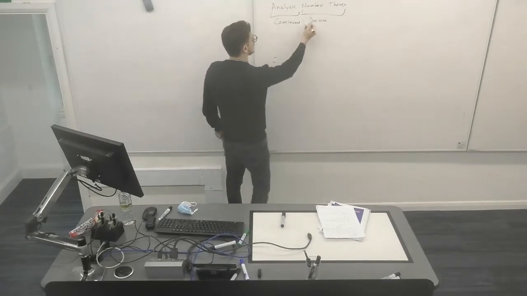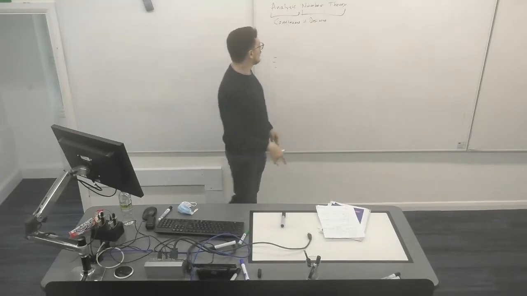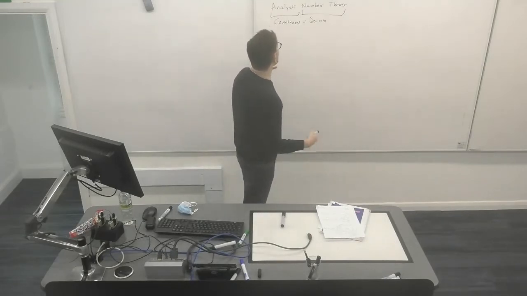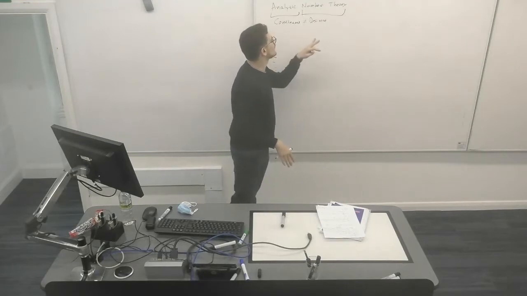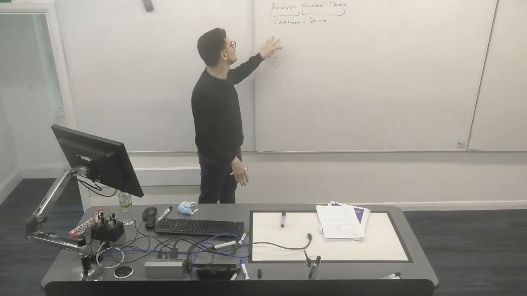Those things are supposed to be polar opposites. What I'm going to try to explain is that if you view number theory in the right way, it makes total sense to think about it in an analytic way.